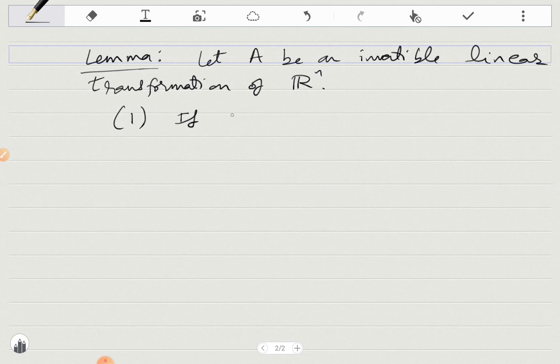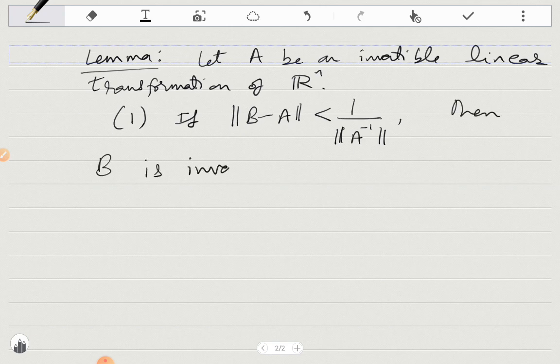If the norm of B minus A is less than 1 over the norm of A inverse, then B is invertible. So here B is any arbitrary linear operator of Rn, so B is in L(Rn).